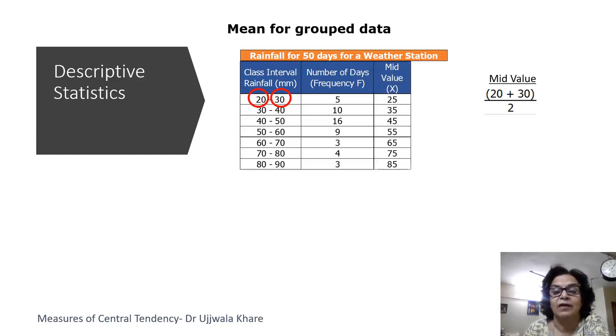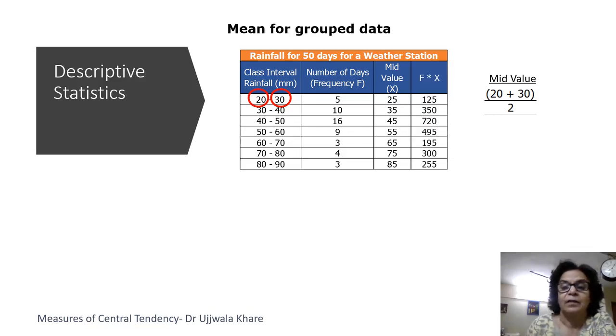Now if we do it for all the classes, then we can find out from this table, from this column, that 25, 35, 45, 55, 65, 75, 85, these are done by simply adding 10 to the earlier one, which is the class interval. Then we multiply this frequency, which we call as f, by x, which is a mid value, and these are the results of the fourth column.